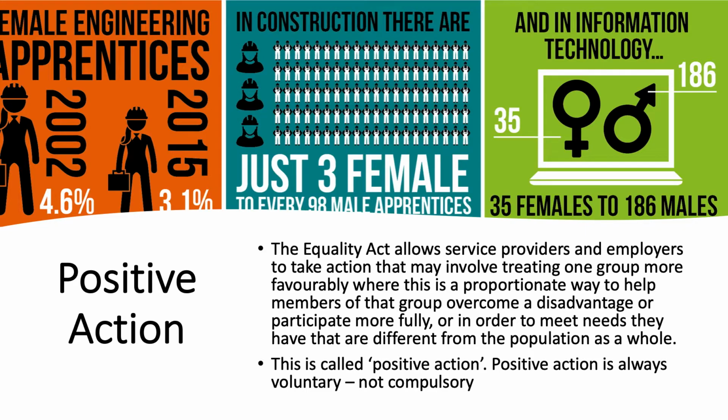So we might have to discriminate slightly or take positive action to try and equal those figures, because we might want more females to enter into the IT industry, or we might want to get more females into engineering. So what we do is we might focus our attentions more on attracting females to that industry. That is positive action and it is a form of discrimination, but it's acceptable to do that.